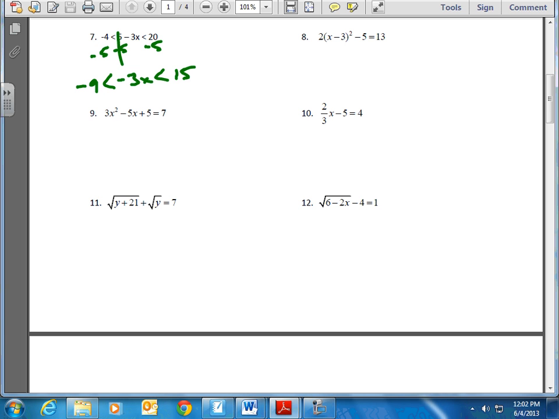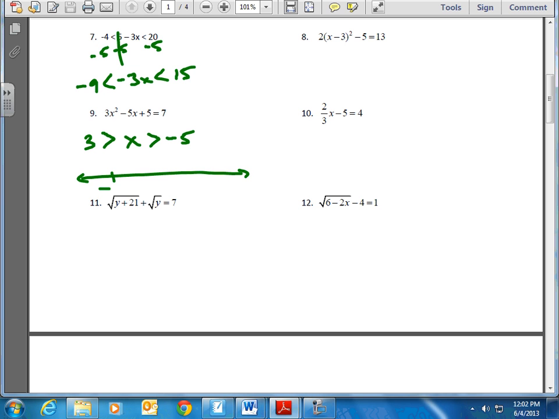Divide both sides by a negative 3. Remember, when you are dealing with inequalities, when you divide by a negative, you flip the inequality sign. A negative 9 divided by negative 3 is 3. The inequality sign switches. Negative 3 cancels in the middle, I just get x. When I divide by a negative, the inequality switches. 15 divided by a negative 3 is a negative 5. On a number line, what does that mean?